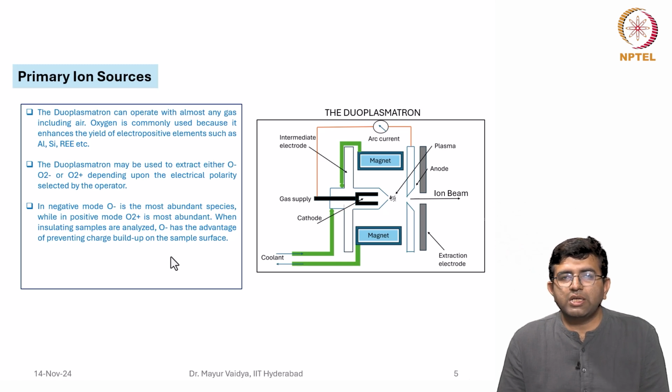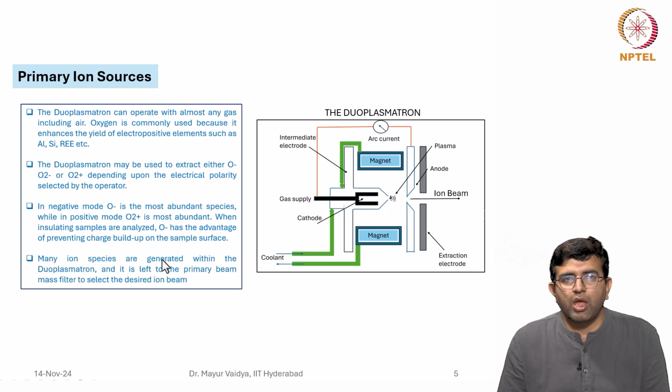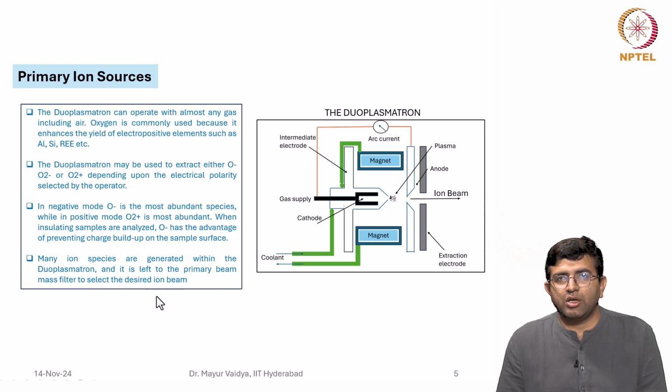When insulating samples are being analyzed, O minus has an advantage because it prevents charge buildup on the sample surface. Many ion species can be generated within the duoplasmatron, and it is left to the primary beam mass filter to select the desired ion beam. Usually the duoplasmatron is very effective, and it is quite commonly used in several SIMS equipment.